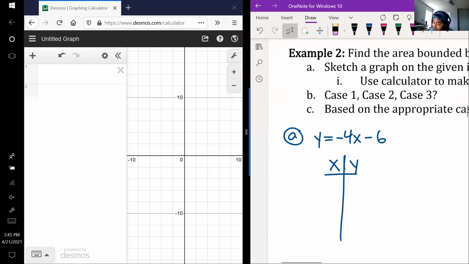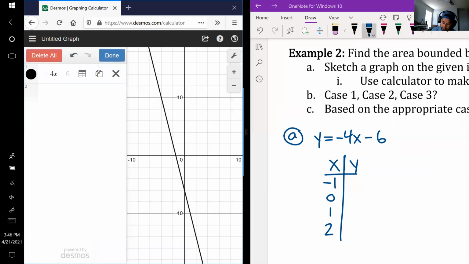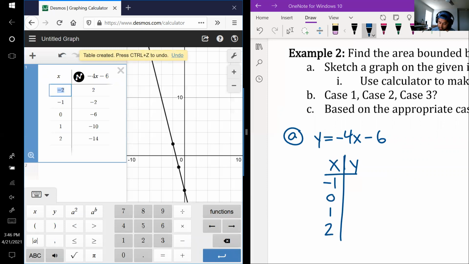So it's telling us what to plug in. -1, 0, 1, 2. And Desmos for the win. -4x minus 6. Use the chart. Actually, I think all those numbers are there already, right? Right there. -1, 0, 1, 2. Perfect.